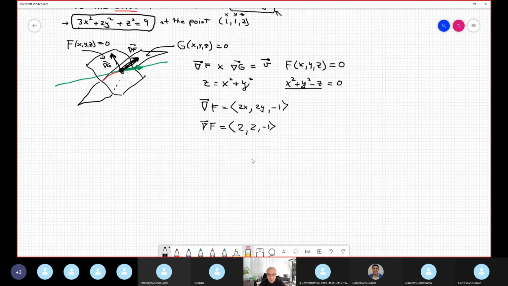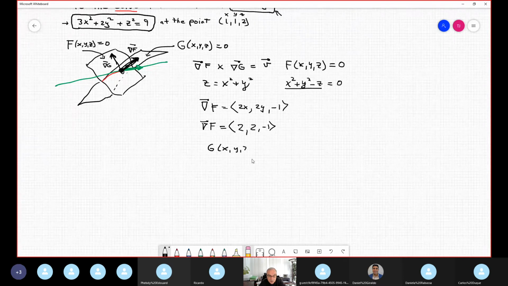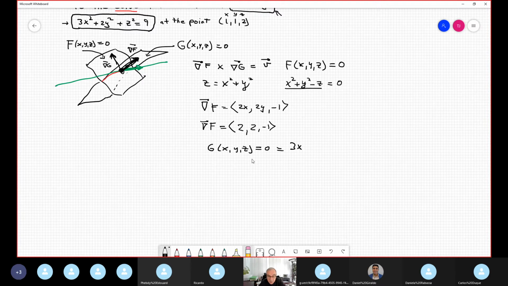Likewise, very, very similar. Let's do it for the G surface. Expressed in implicit form, G of x, y, z equal to 0 is equal to 3x squared plus 2y squared plus z squared minus 9 equal to 0. And the gradient is the partial derivative with respect to x, here is 6x, comma.